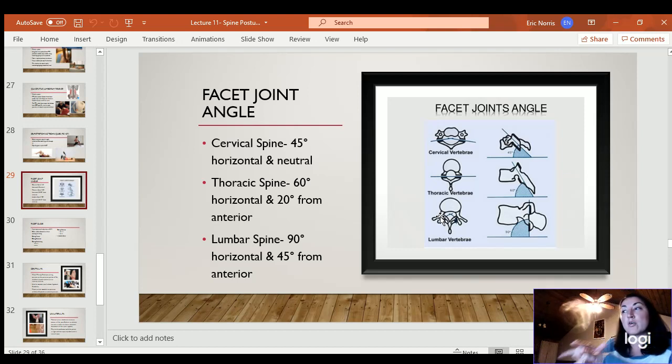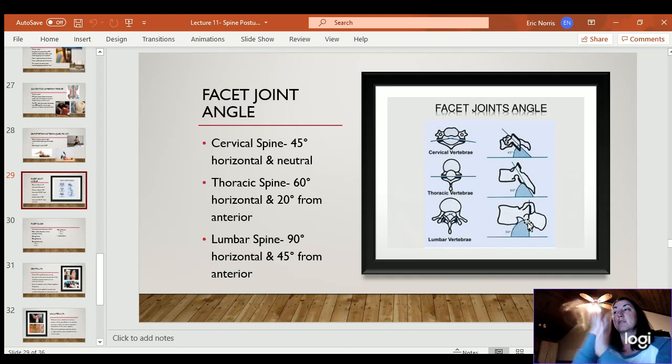And so they'll connect with each other, and at each level of the spine they are altered slightly, so they have different degrees that they are slanted in order to connect to each other. So we'll look at this on the skeleton in class together, but the cervical spine connects at about a 45-degree angle, and then the thoracic spine is a 60-degree angle, and by the time you get to the lumbar spine, there is a 90-degree angle, so that they are connected to.